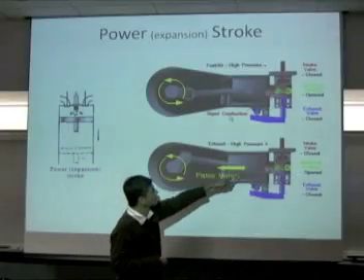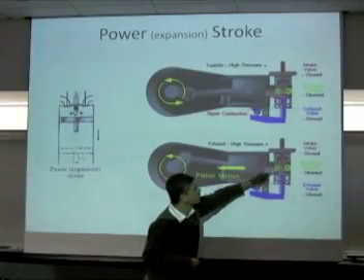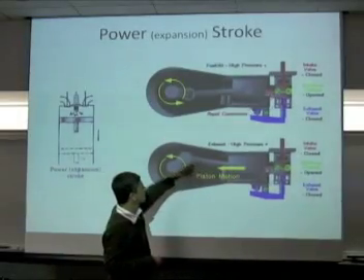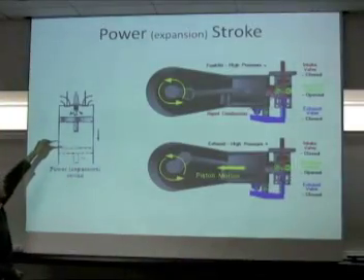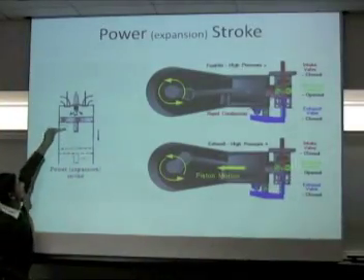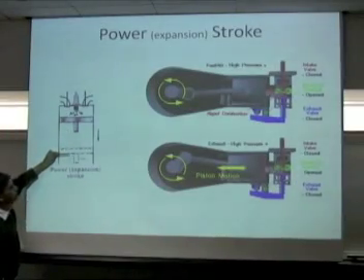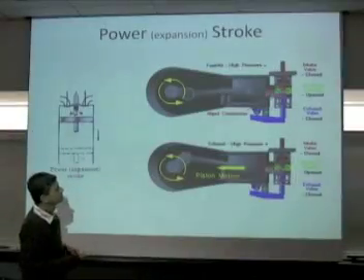Because of this high energy of the fuel and both the valves being closed, the gas doesn't have any other place but to expand in this direction, pushing the piston downwards towards the bottom dead center. That's called the power stroke because it's an expansion of the fuel-air mixture all the way to the bottom, so it completes another quarter of your crankshaft rotation.